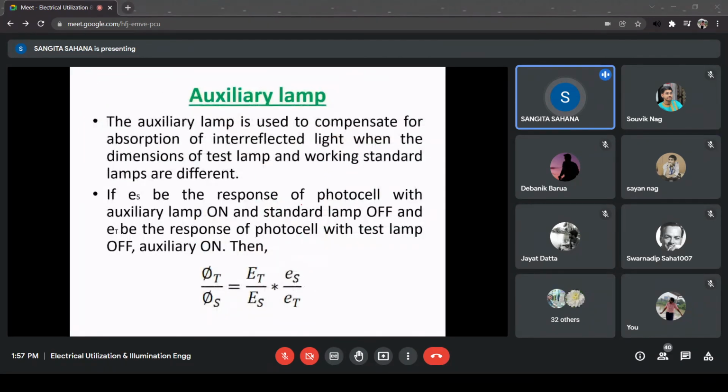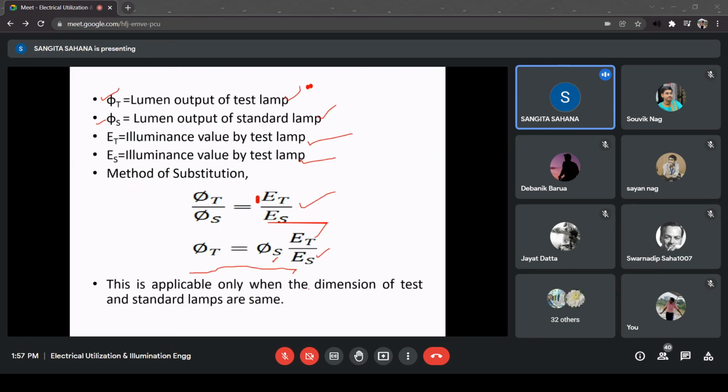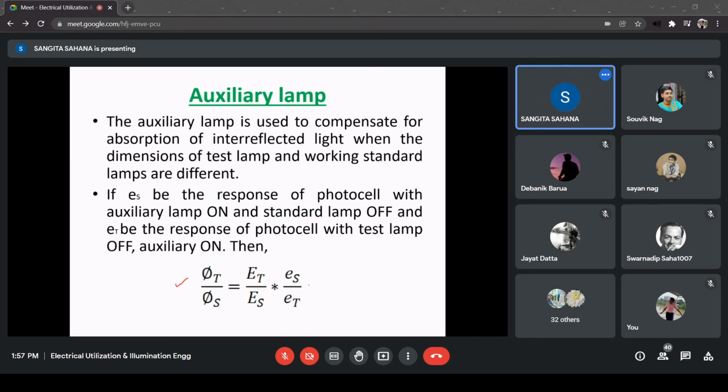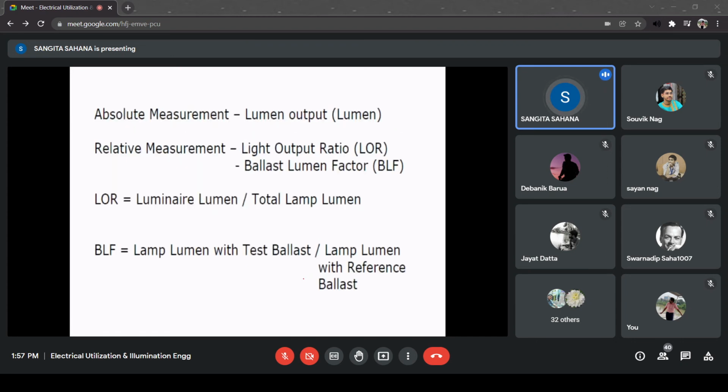The auxiliary lamp is used to compensate for absorption of inter-reflected light when the dimensions of the test lamp and working standard lamp are different. So then this will be the expression: phi t by phi s equals ET by ES into es by et. Instead of this simple one, now we have this error correction factor, es by et.